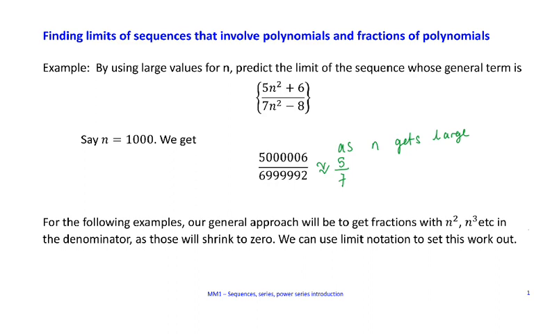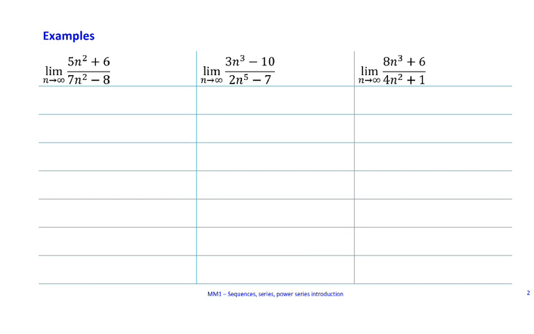So, okay, we have the limit as n goes to infinity here. Now, there is another way of doing this, and we're going to use this other method to work out the limits. Instead of having to substitute a very large number for n, we're going to do something a little bit nifty. If we take the limit as n goes to infinity, what we can do is take the largest order and divide the whole thing by it.